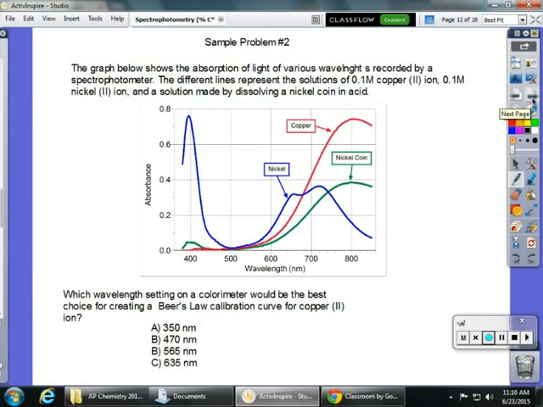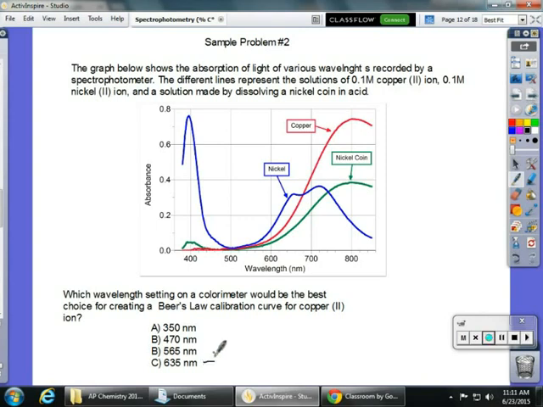Let's look at the question a little bit differently. Different question about this one. Let's look at the copper instead. Which wavelength setting on a colorimeter would be the best choice for creating a Beer's Law calibration curve for copper 2 ion? Now, copper 2 is the red one, so make your selection. Hopefully you said 635 nanometers.